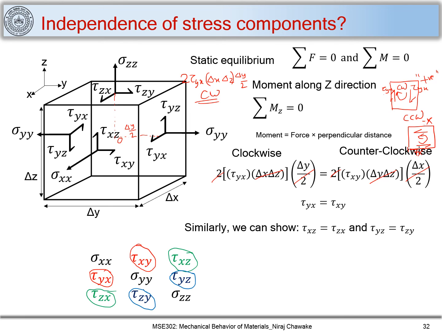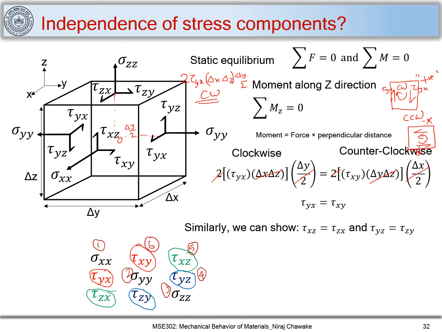So how many stress components do we have which are independent? First, second, third, fourth, fifth, and sixth. So in all we have 6 independent components.